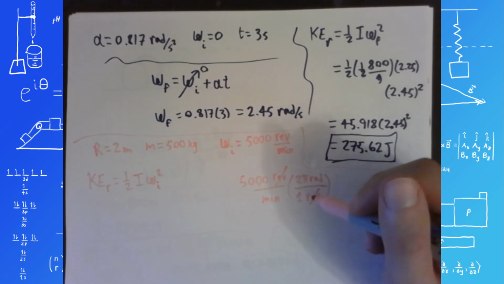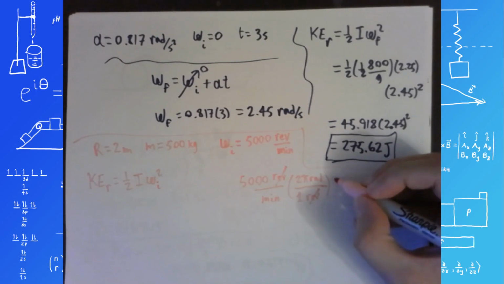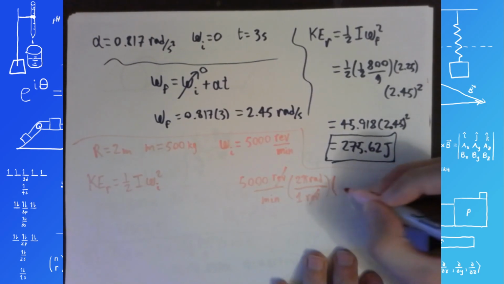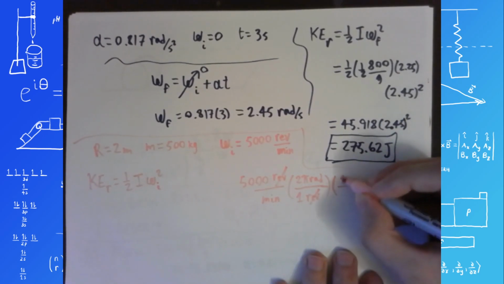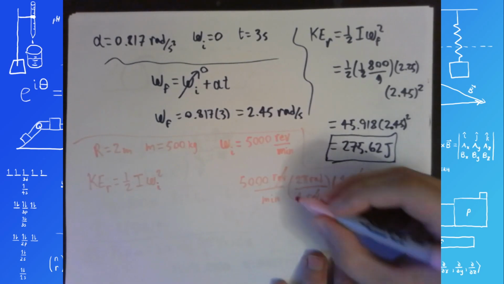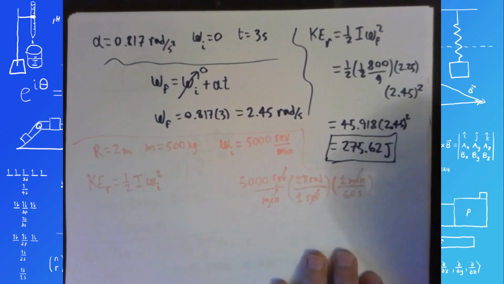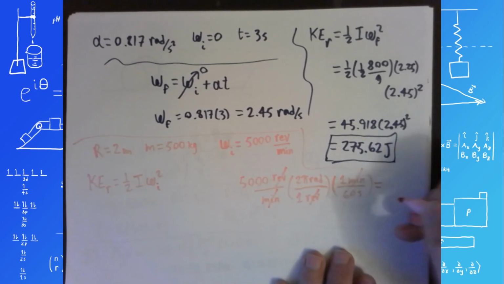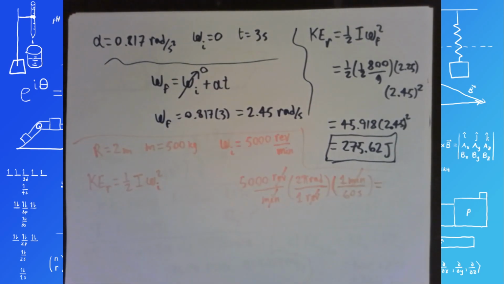Let's see. Next up is converting the minutes to seconds. So every 1 minute is equal to 60 seconds. So that gets rid of minutes and leaves us with seconds on the bottom. So we've got radians left in the top, seconds in the bottom, which is exactly what we want. 5,000 times 2 pi over 60. I think I'm going to go ahead and plug in the value of pi this time.